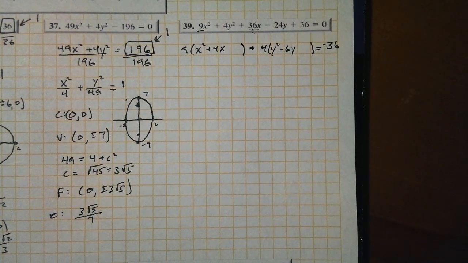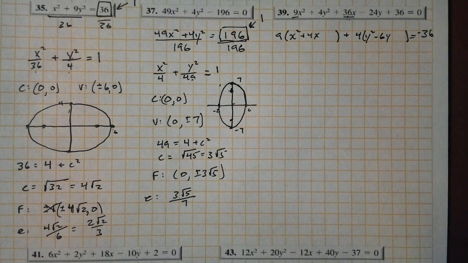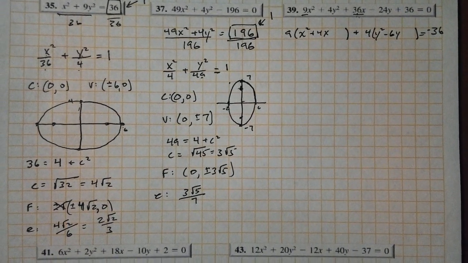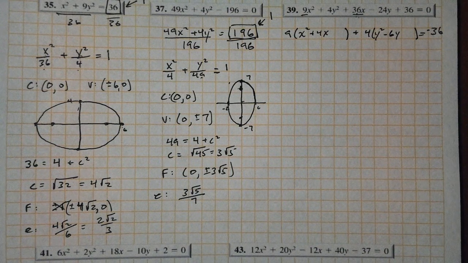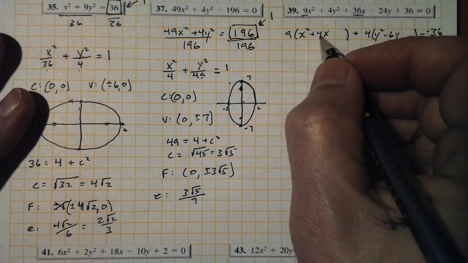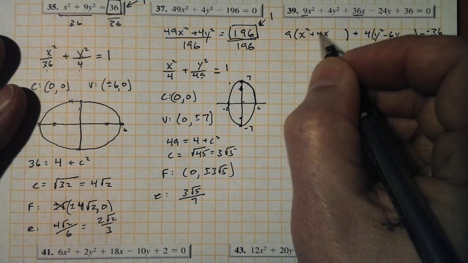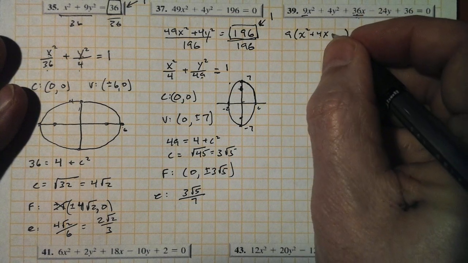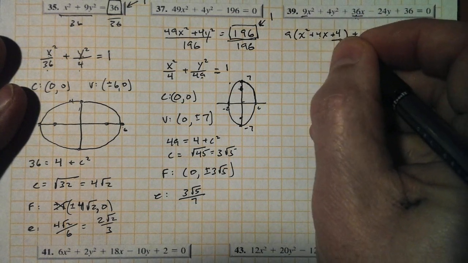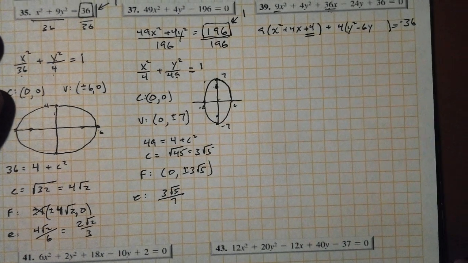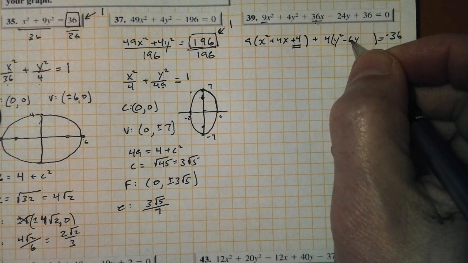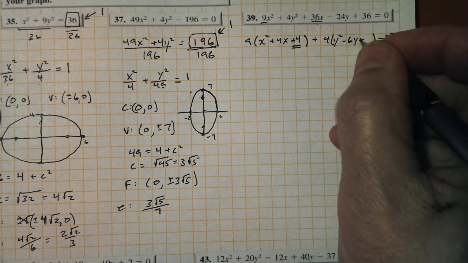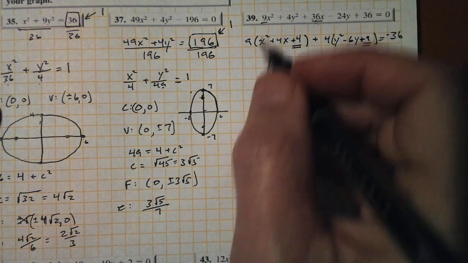And now back to day 1 at the beginning of the year. You and a fellow student paired up and taught each other how to complete the square. We take half of 4, 2, square it, 2 squared 4, put plus 4 here, but that was not part of this equation. We take half of 6, 3, square it, 9, plus 9 here, that was not part of the equation.